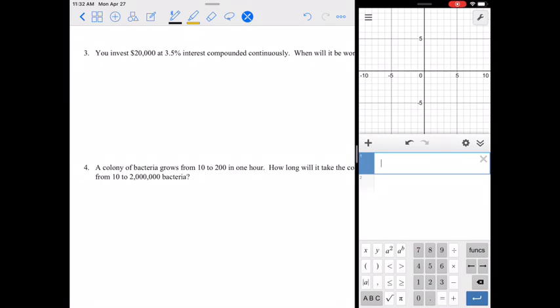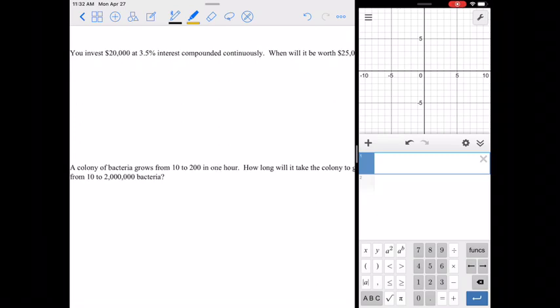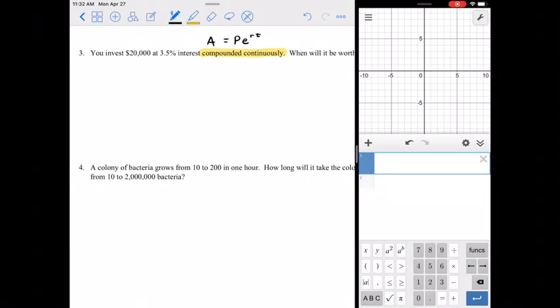You invest $20,000 at 3.5% interest compounded continuously. When will it be worth $25,000? So we're compounding continuously. That means we're going to be using this formula, A equals P times E raised to the RT. So let's figure out what all of our variables are. So we invest $20,000.